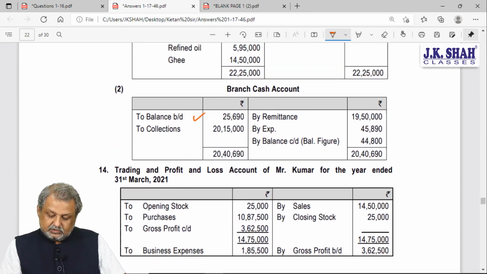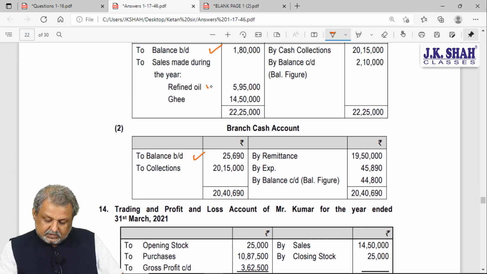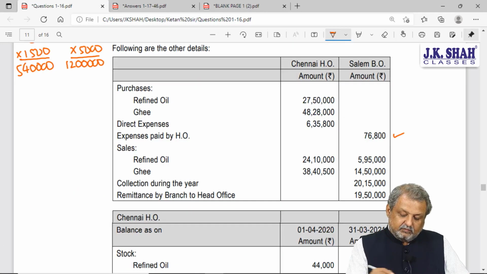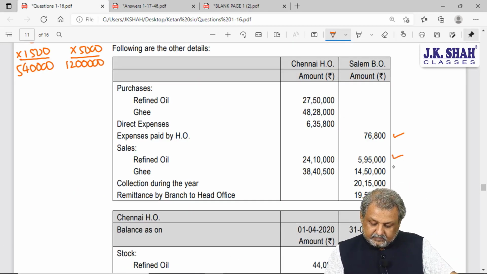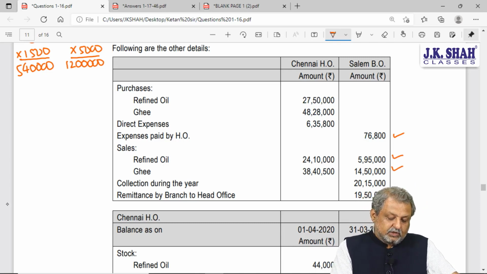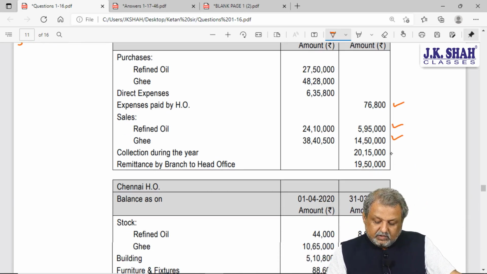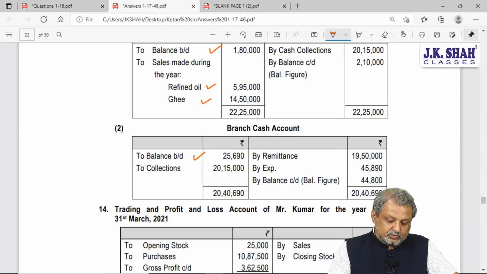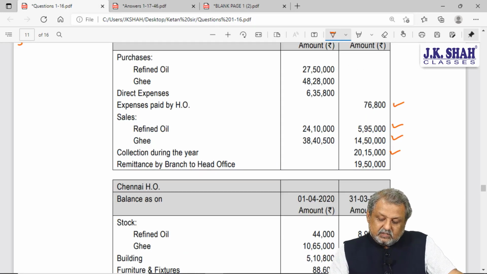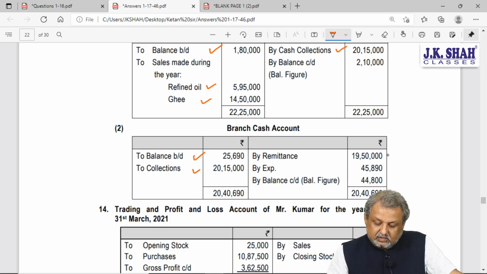Branch debtors, sales made 595 and 1450. Collection during the year. So if the collection is made, cash to debtors. Remittance is given, so branch is giver.